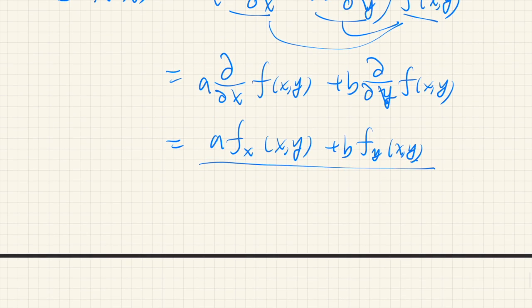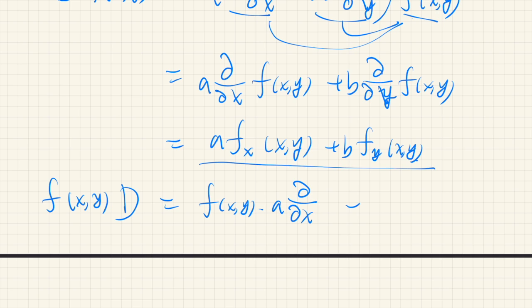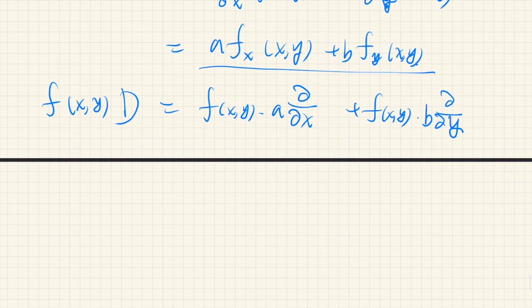Okay, so if we apply this operator from the right, what we have is this. So that is f of xy a and f of xy b. So this is a number, so we can swap. They commute, in other words.